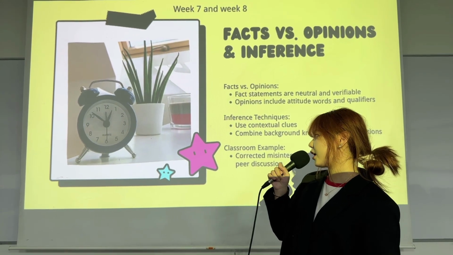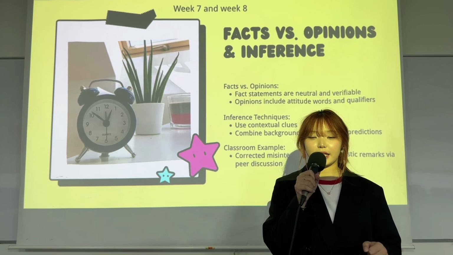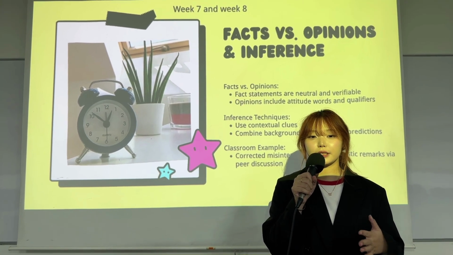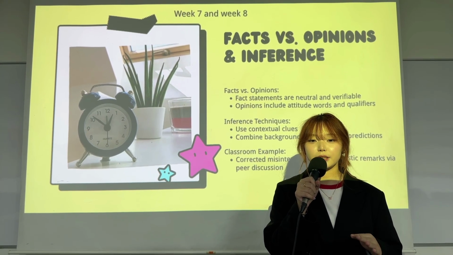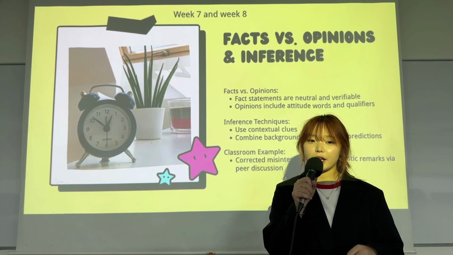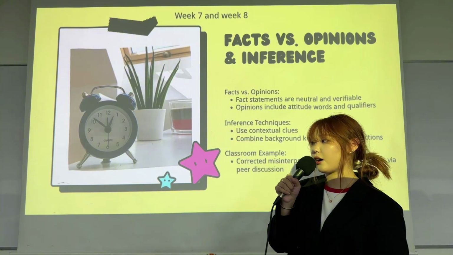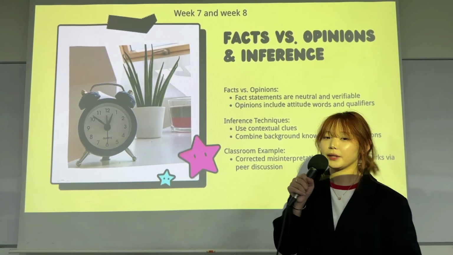I learned to recognize modifiers such as mild and strong to identify opinions. On the quiz, I misread a sarcastic comment by the author as fact. However, after discussing it with my peers, I learned to look out for modifiers such as mild and strong.